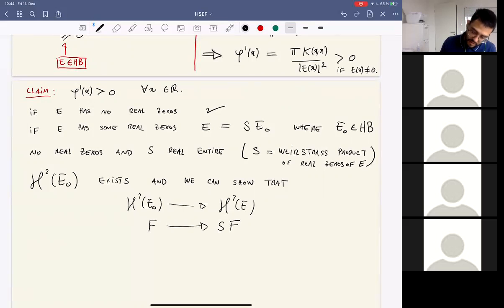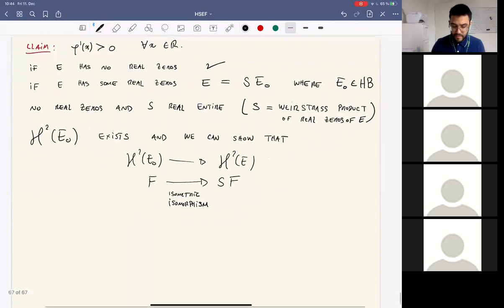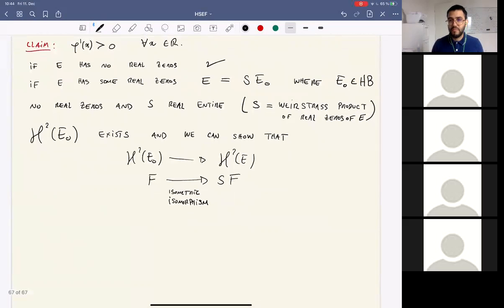So this is isometric. Again, this is part of one problem. I forgot the number.